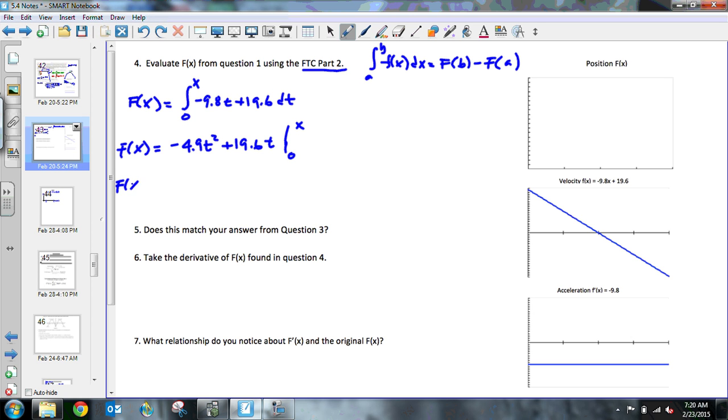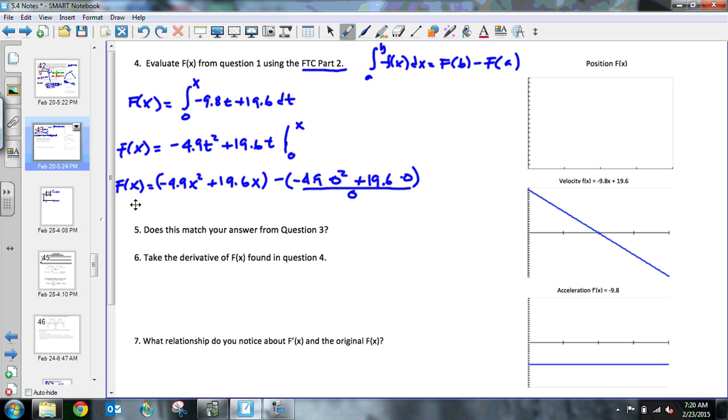Big F of x gives me negative 4.9 times x squared plus 19.6 times x, that quantity, minus plugging 0 into that function. So I get negative 4.9 times 0 squared plus 19.6 times 0, and this whole part becomes 0.